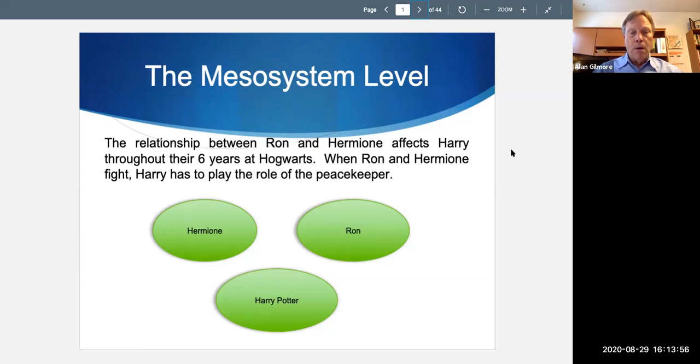So Harry has a relationship with Ron. Harry has a relationship with Hermione. And quite frankly, although we learn later that things changed, Hermione and Ron probably would not necessarily have a relationship with each other if it wasn't for the fact that both of them have a relationship with Harry. So that is the concept behind the Mesosystem.